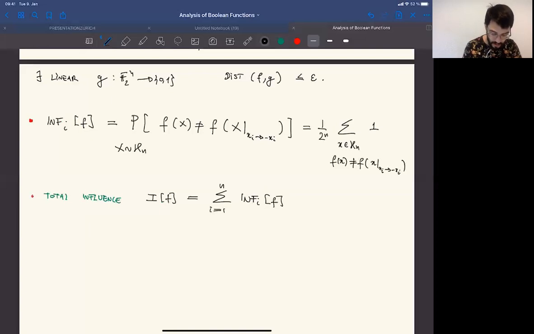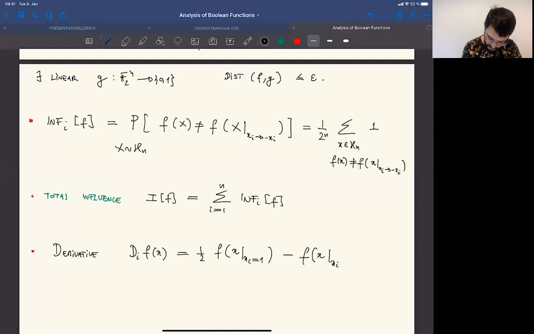Okay, there is a way of measuring this total influence in terms of derivatives. So let me define the derivative. D_i f of x, the derivative in the direction i, would be f of x when you send x_i to 1 minus f of x when you send x_i to -1.